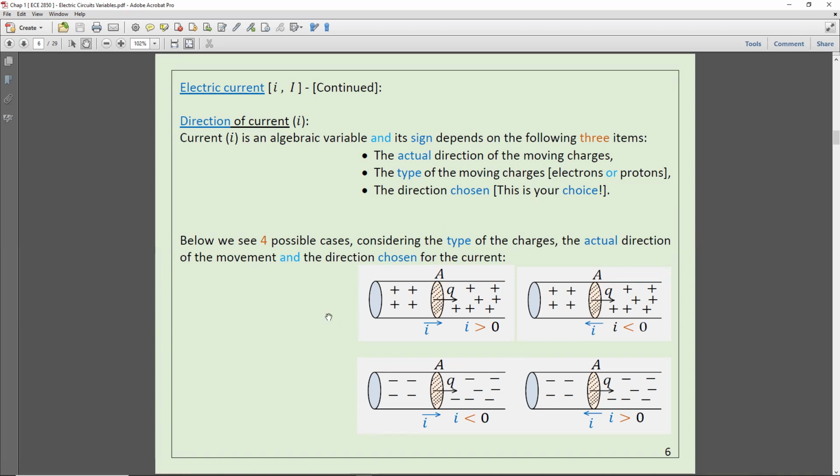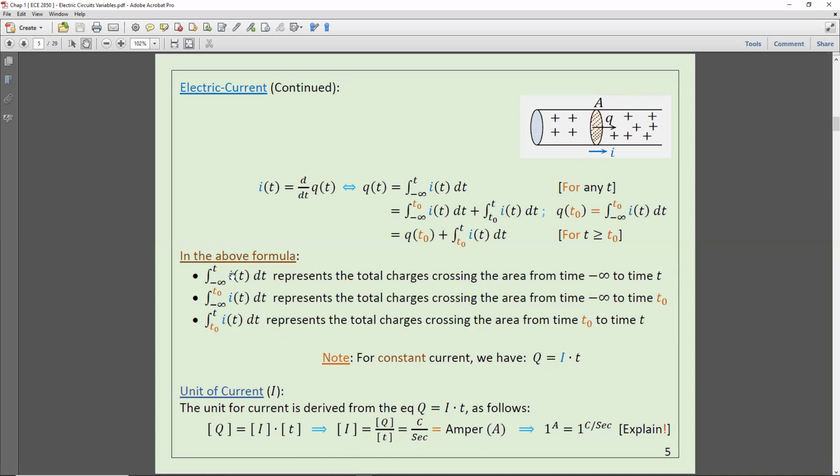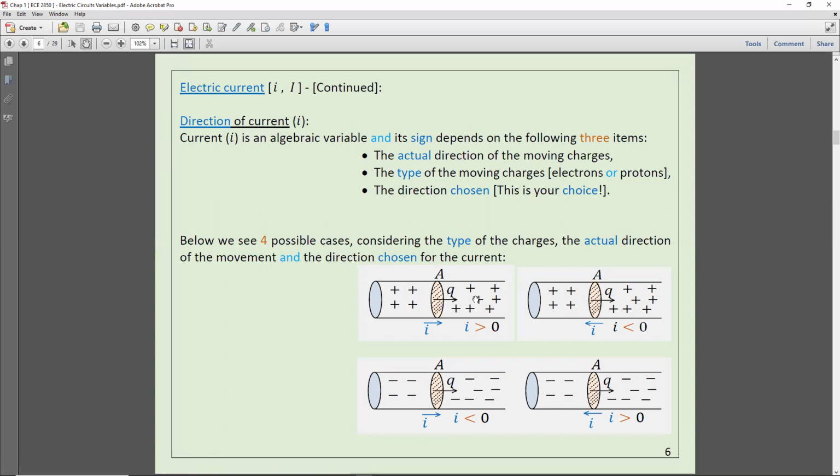If the charge is negative, remember, I is actually charge over time. In case the charge is positive and you select the same direction, you get positive current. But here, because the charge is electronegative, and I selected the correct direction, I has to be negative.